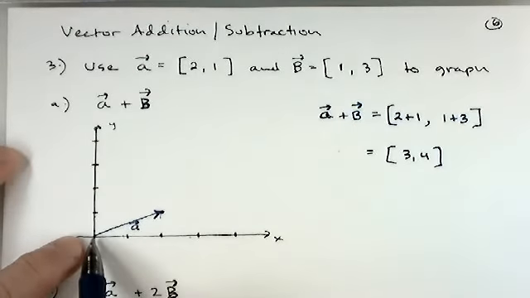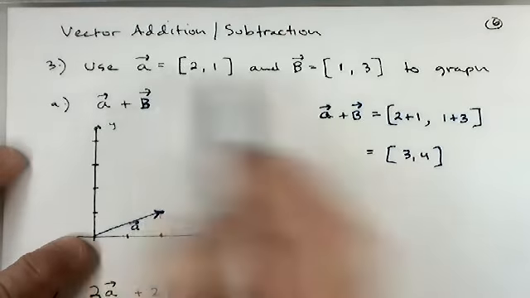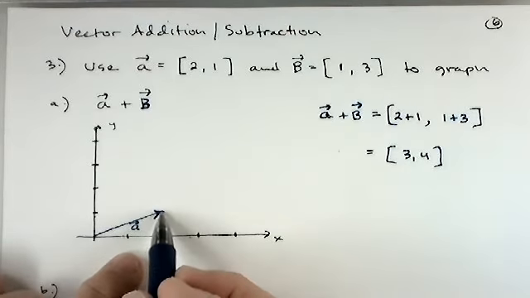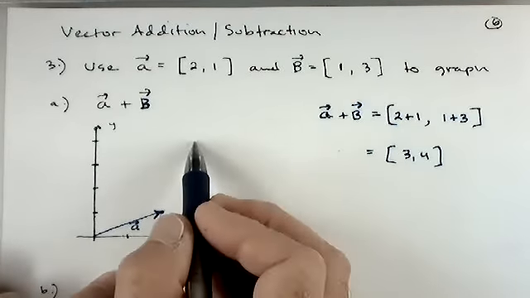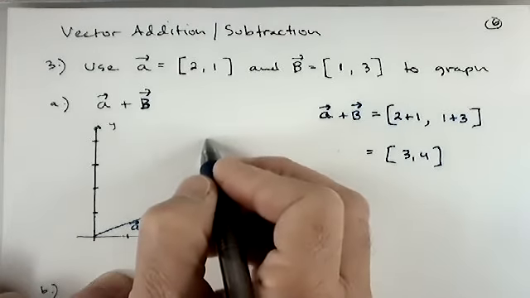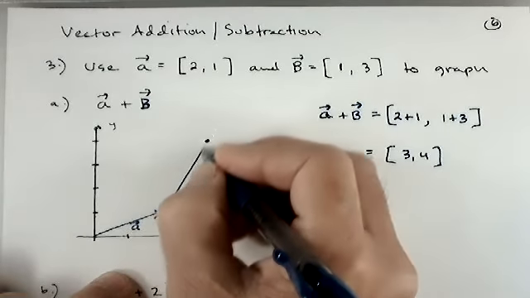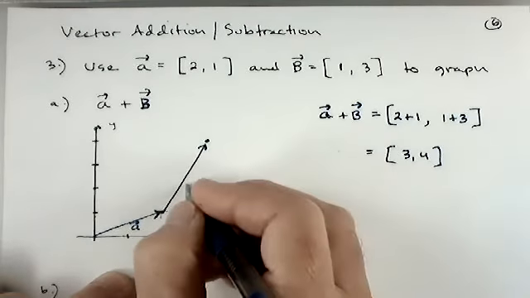That vector, of course, if I plotted it from the origin, you would go over 1, up 3. But if we're going to add it to this, then we just pretend where we left off with vector A, pretend that's the origin. And you're going to go over 1, up 3 from here. Over 1, up 3. Here's vector B.